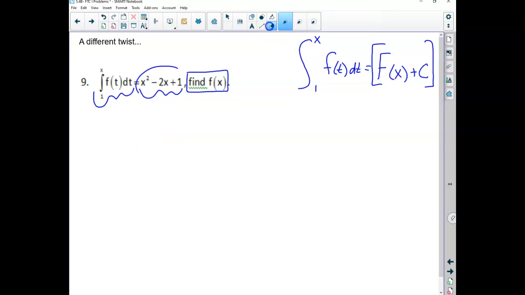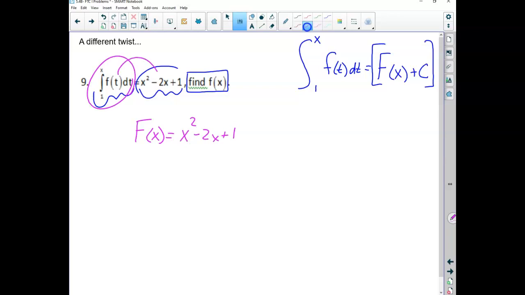So this is actually big F of x equals x squared minus 2x plus 1, right? Because this is my integral, and if it's equaling that function, this is an antiderivative. That's big F. And if they want little f, that means take the derivative of that. So little f of x is going to equal 2x minus 2.